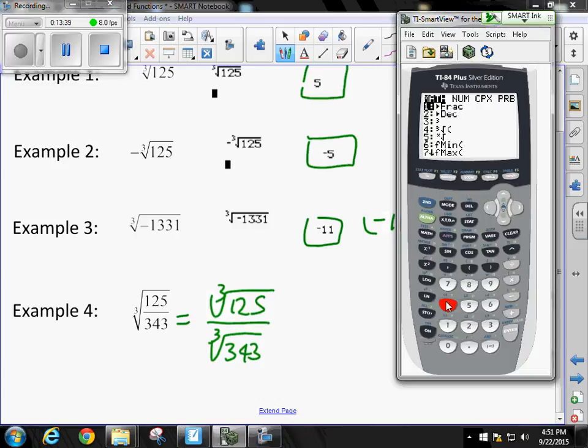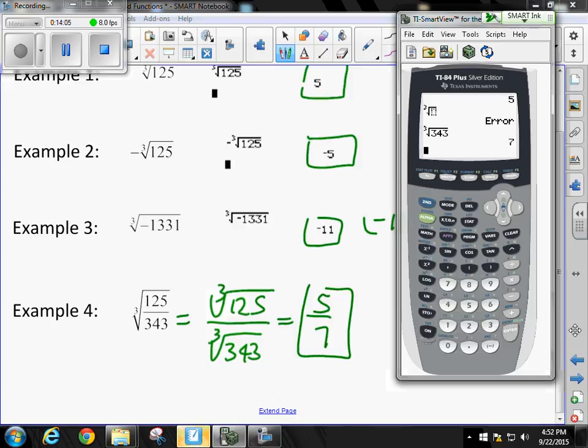Math 4 to get the cube root of 125, and then Math 4 again to get the cube root of 343, and that turns out to be 7. So for this one, I will actually have 5 over 7.